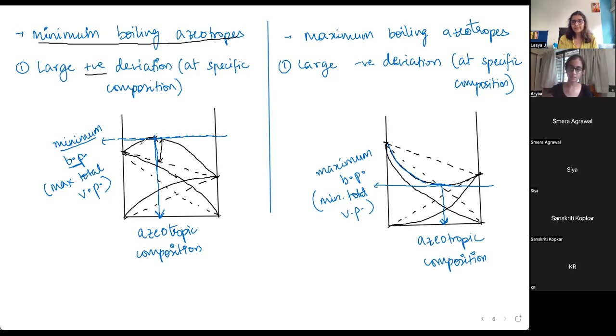And the maximum one is the same thing. Now consider solutions that show negative deviation. Negative deviation is not easily converting. Yes, so more energy is needed. But then how is that having lesser vapor pressure?